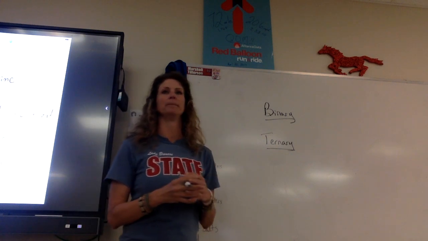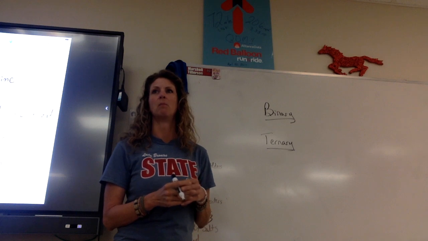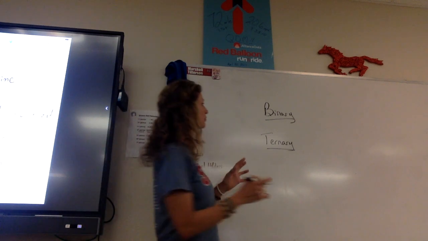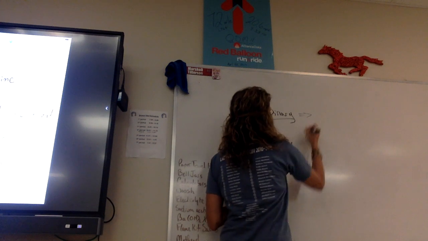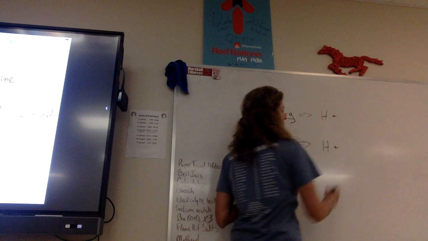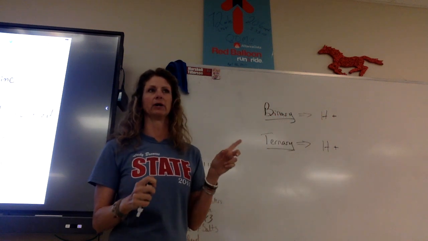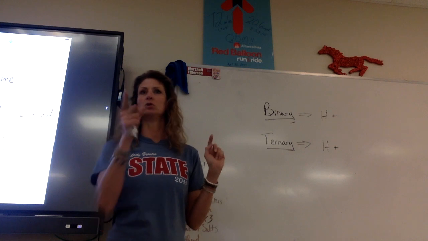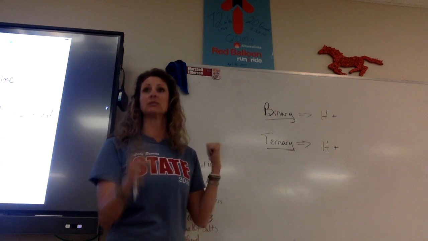Binary means what? It's an acid with what? All acids are H, so both of these will be H plus something. What's a binary one? Two total elements is binary.